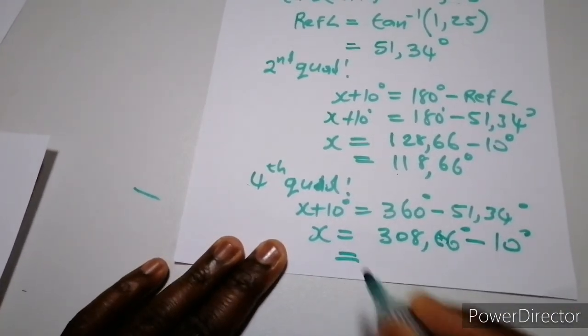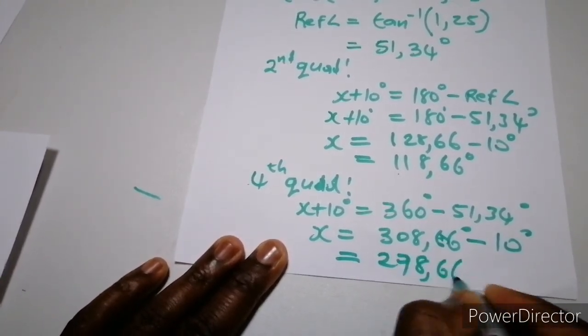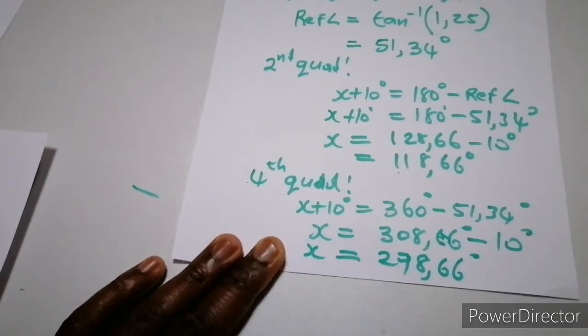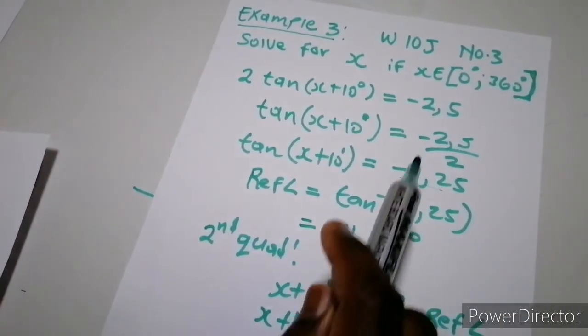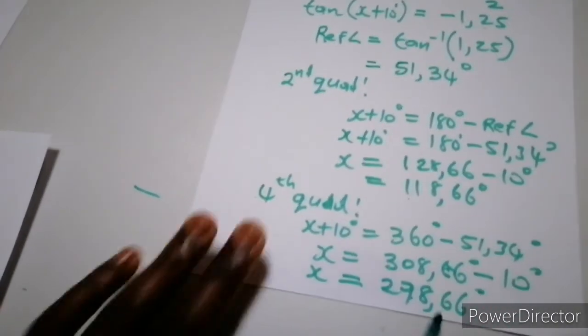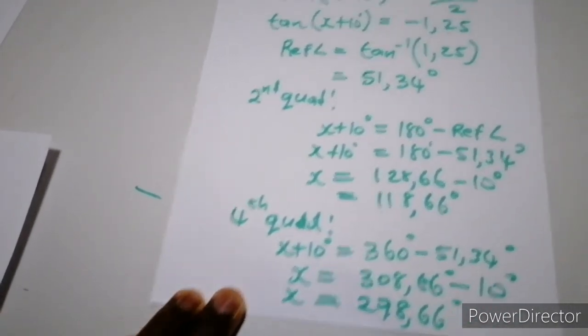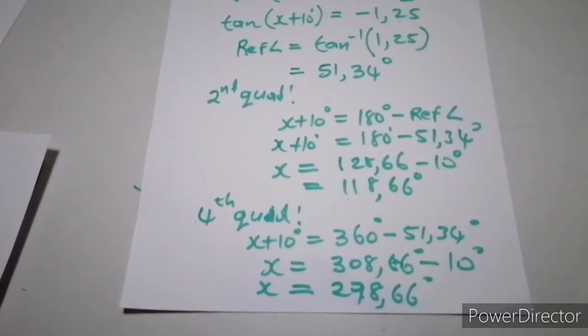Then at the end, the answer is 298,66 degrees. We found those angles in between 0 and 360, where this function is negative. That's it. Please try other examples and then wait for the general solution.